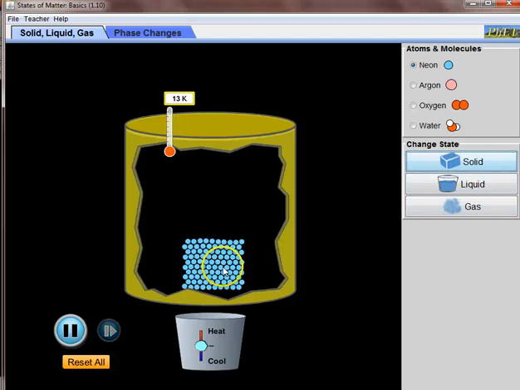Once you observe that this is solid, observe the temperature here. Can you note down the temperature? Write it down on a piece of paper, the temperature of the solid state of neon. Now this is a very, very low temperature, remember that.